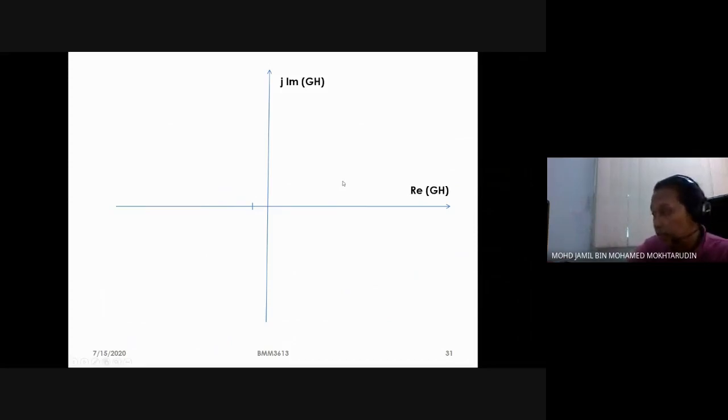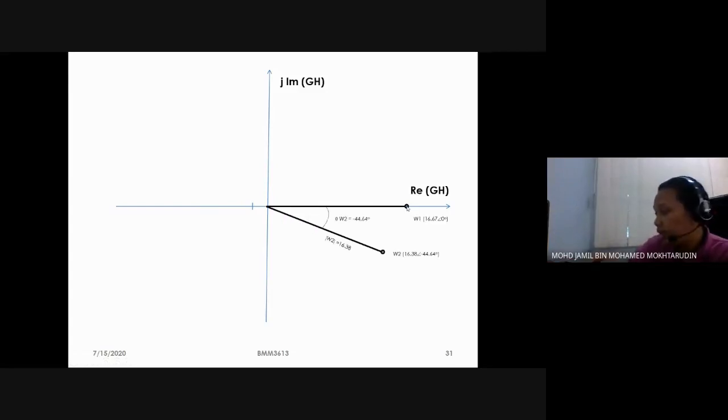So here the example, first is when omega is 0. So you get magnitude 16.67, angle 0. So you use S-plane to plot the points.